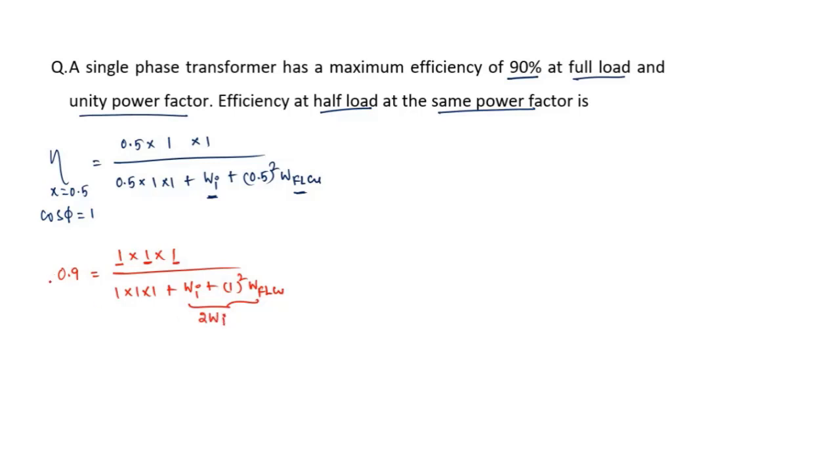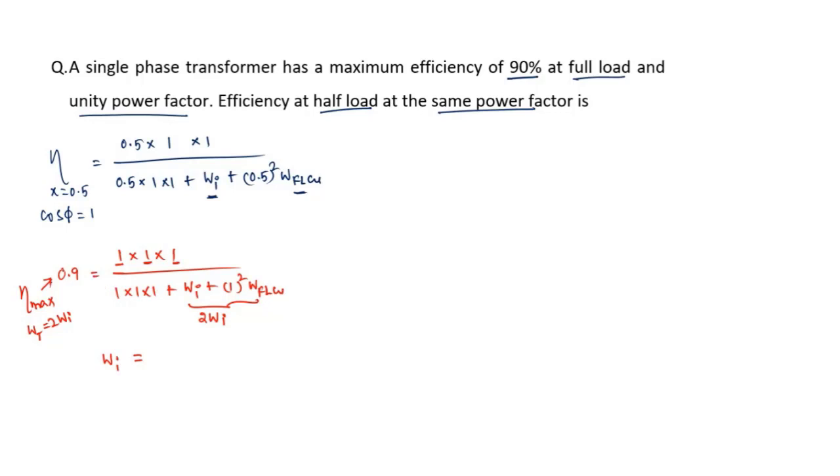Because this is not simple efficiency. This is maximum efficiency. At maximum efficiency, total losses equal 2 times iron losses. Okay. So if you solve it, you'll get 2 into 0.9, probably 1 divided by 0.9 or 1. Let me solve this one.